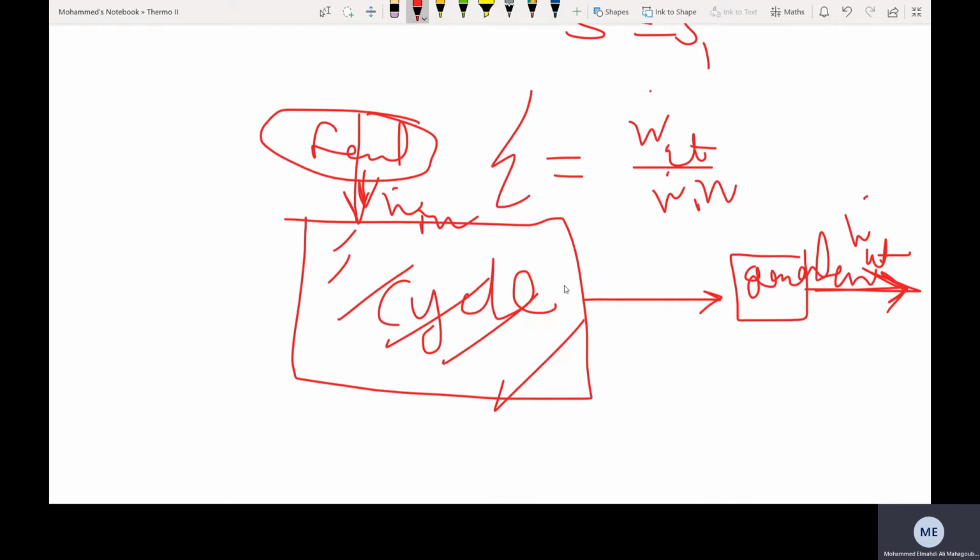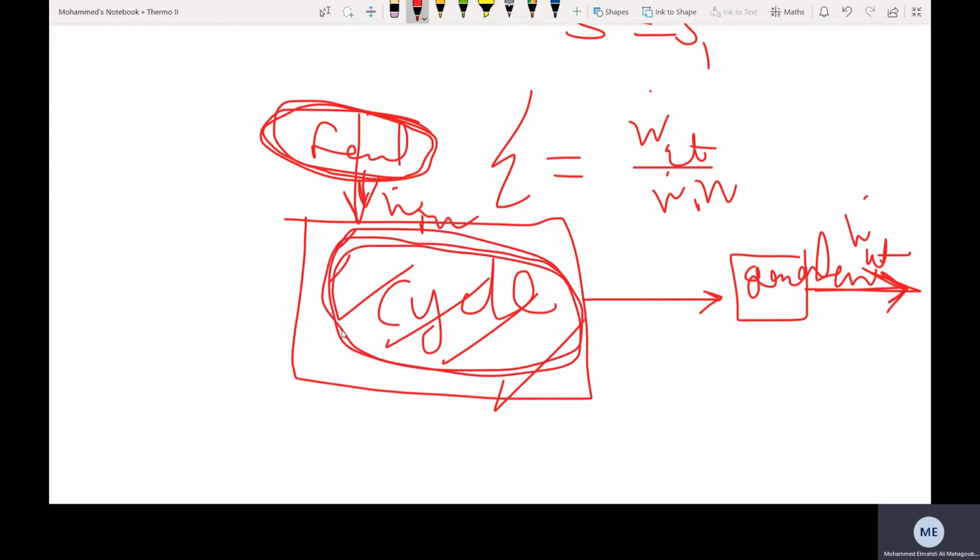But we can do this in a simpler way, because I can calculate the cycle efficiency because I know how to deal with the cycle, instead of computing the work here and computing the energy input here.